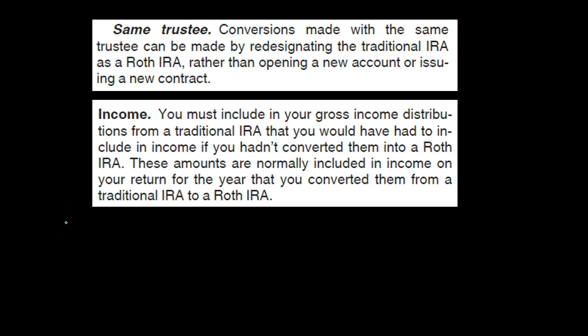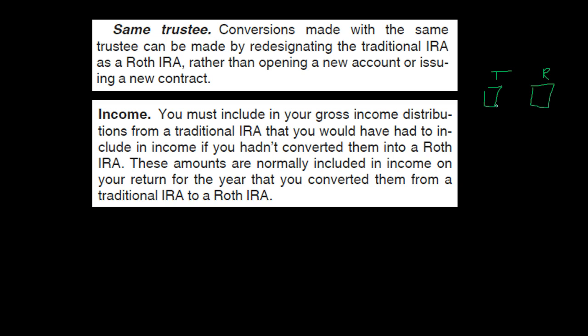So in other words, we have to treat part of the conversion as, in essence, a distribution. As we convert it, we have to recognize that the money in the traditional IRA, if it was to be distributed, we would have to record as income.